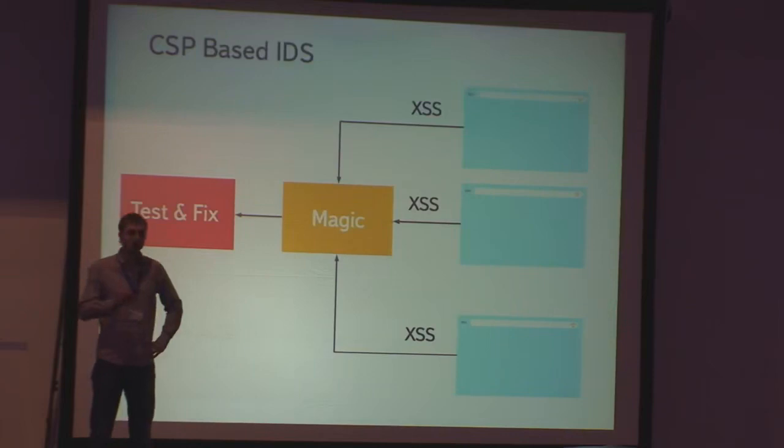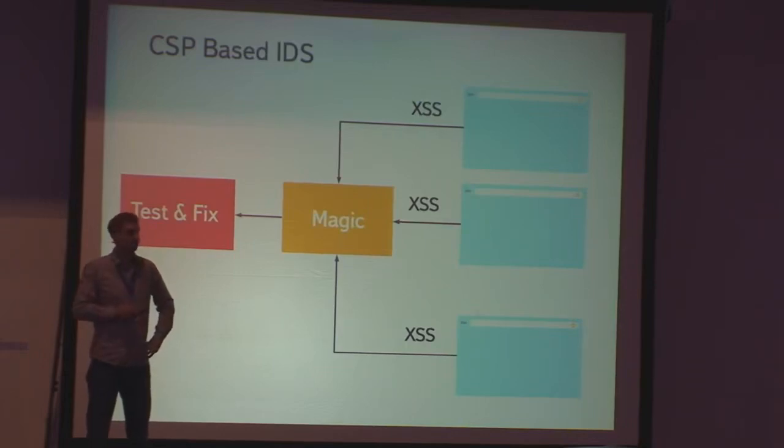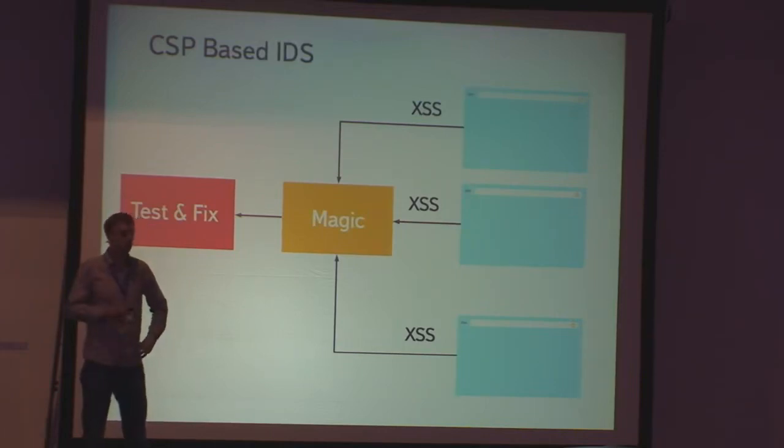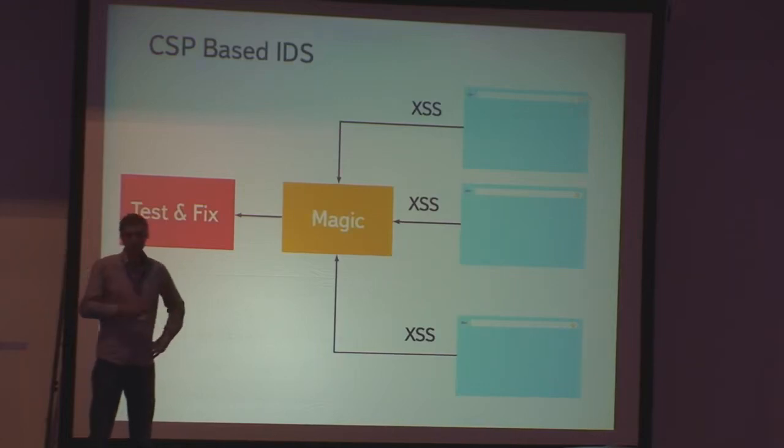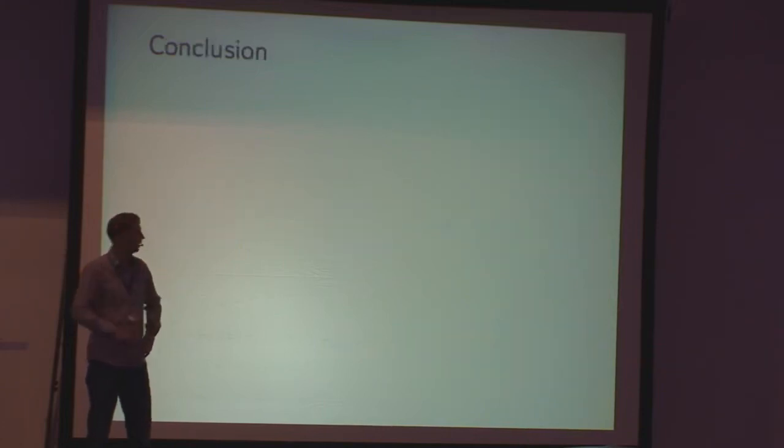The difference is that this event means some attacker bypassed your content security policy, and in most cases it means the attacker found a cross-site scripting issue in your application. So in an ideal world, it means you have a problem and you need to fix it.